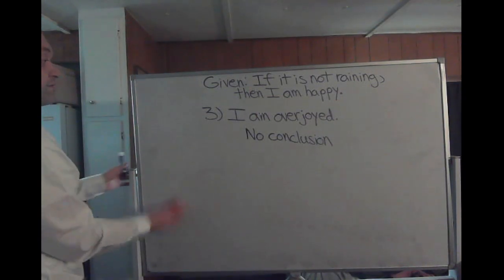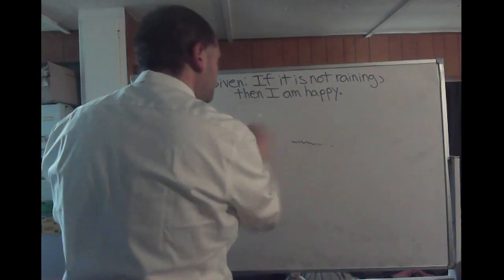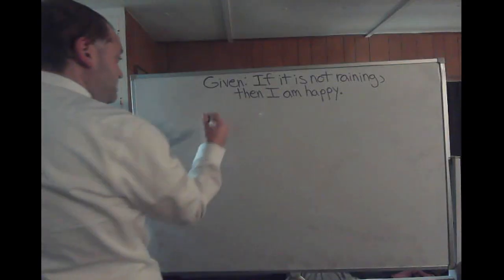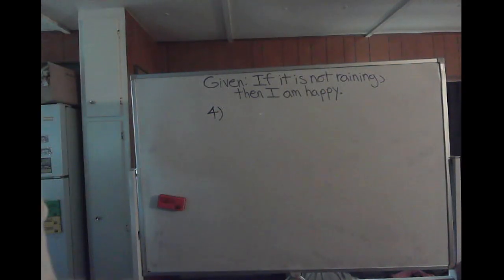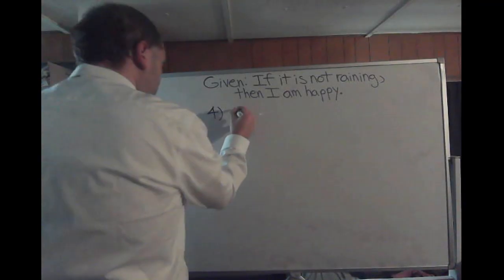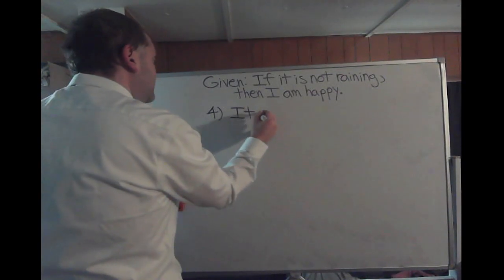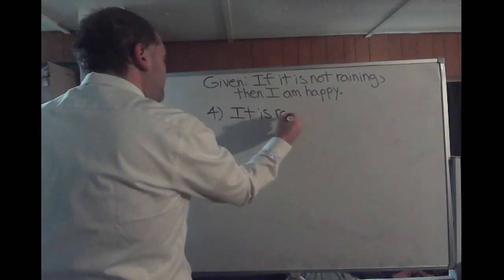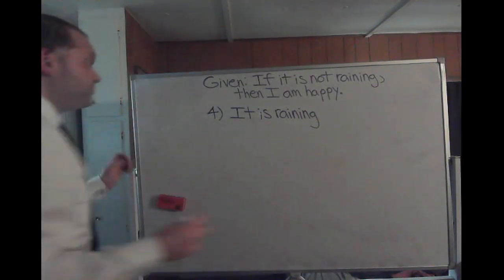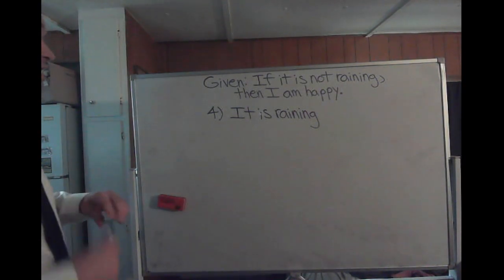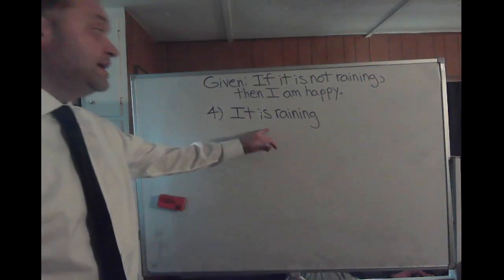And then we have one more additional sentence with this statement. The fourth sentence is going to be, it is raining. So this time, they give you the fact that it is raining.